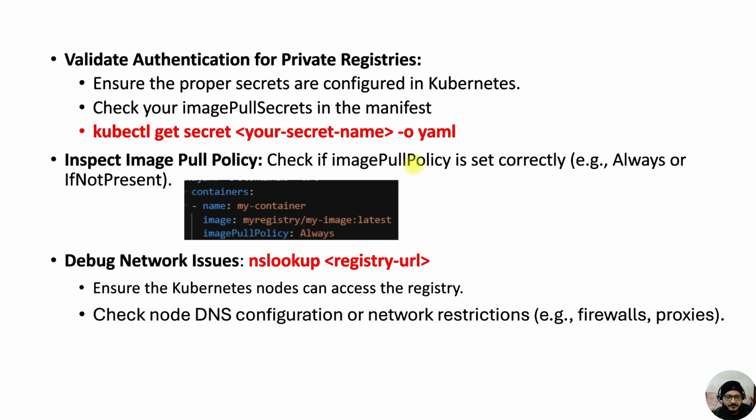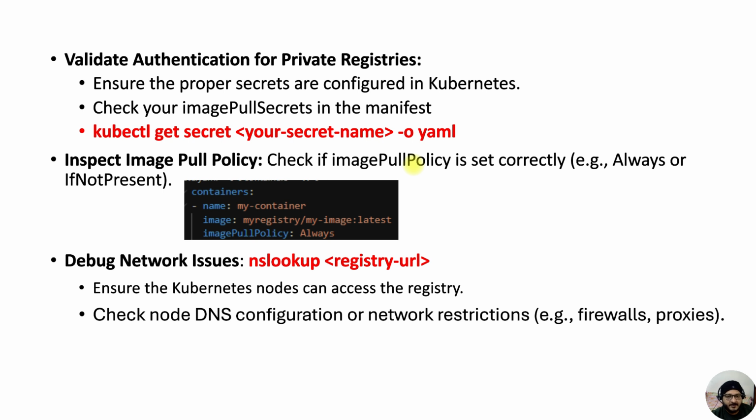And the last thing you can check is network issues. You can try nslookup on your registry URL to see whether you are getting a response or not. If you are not getting a response, then definitely there is some issue with your network connectivity. Even if your registry service and Kubernetes services are running fine, there may be issues in the network connectivity between them. Then you have to debug your network issues.